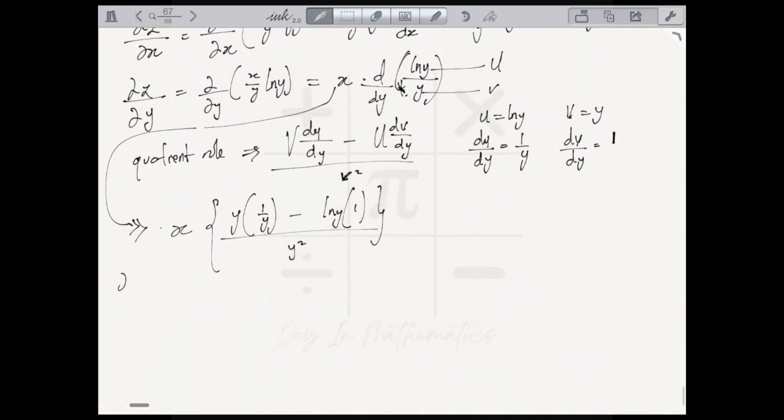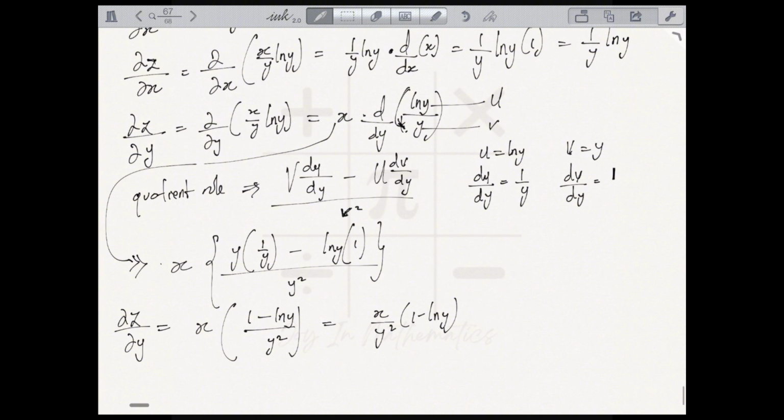Therefore our ∂z/∂y is equal to x, and simplifying further, we are left with x times (1 minus ln y) divided by y squared. This can be written as x over y squared into (1 minus ln y).